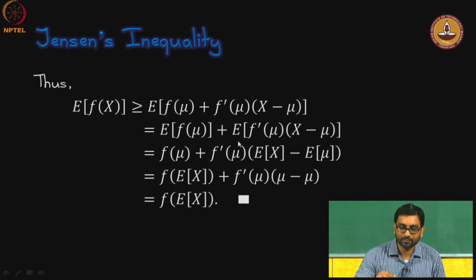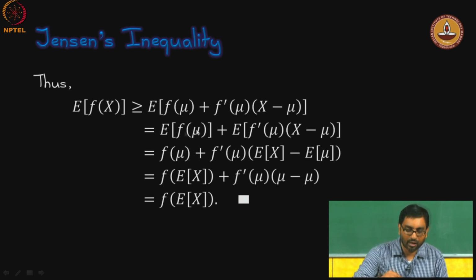So, it is just f prime of mu times E of x minus E of mu. Expectation of a constant is just the constant itself. Okay. E of x is anyway just mu, and then there is this f prime of mu. Okay. And here what are we doing?